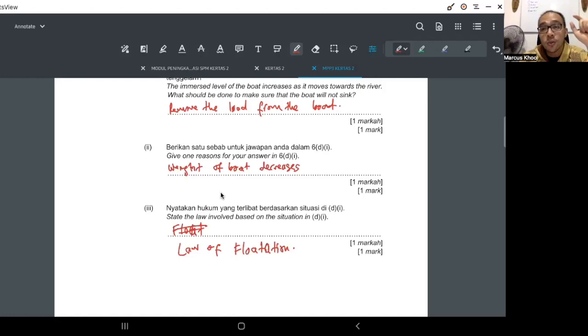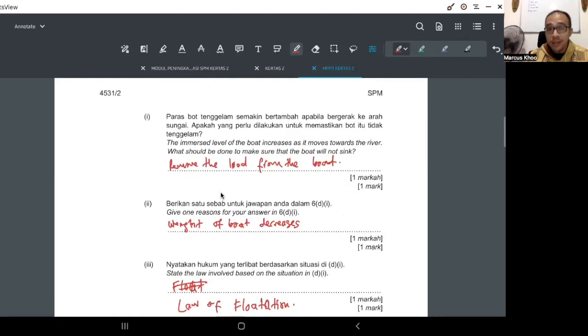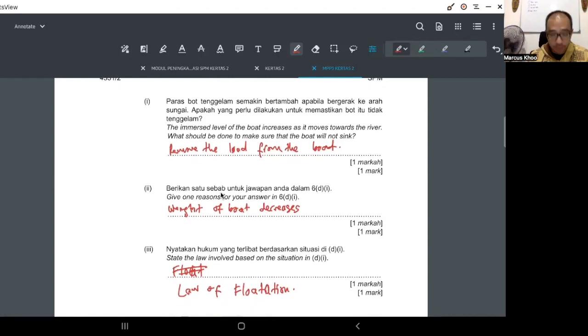So we have to differentiate between Archimedes' principle and the law of flotation. Archimedes' principle says one thing: buoyant force equals the weight of water displaced. Why do I choose the law of flotation here? Because the question asks what should be done to make sure the boat will not sink. So we want the buoyant force to be bigger than the weight.